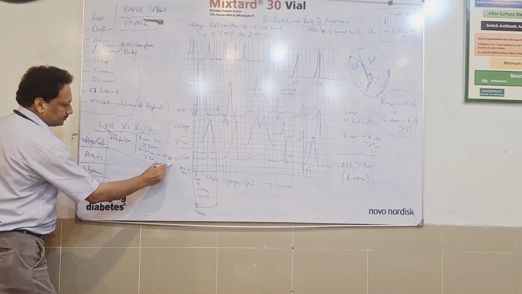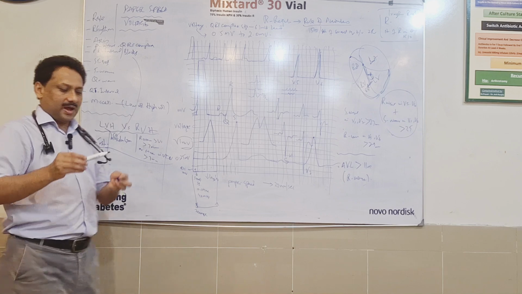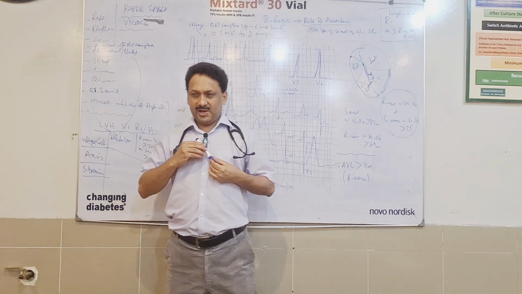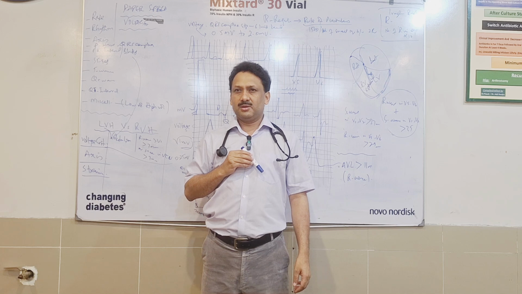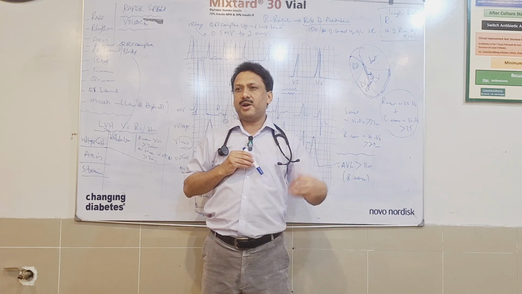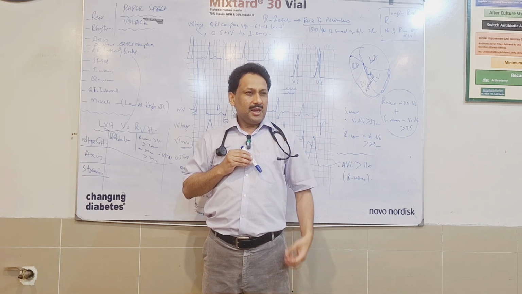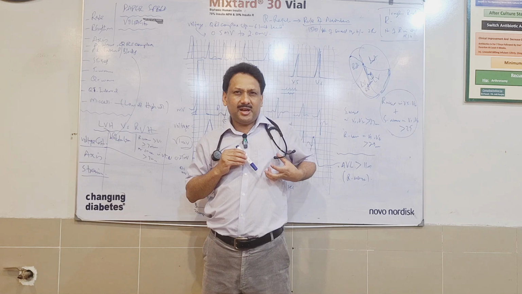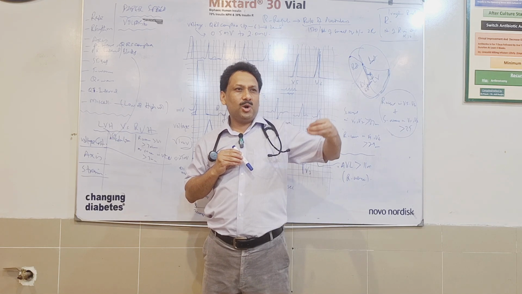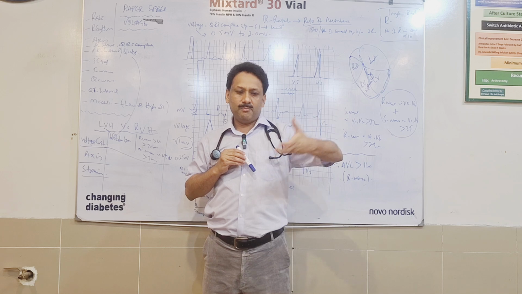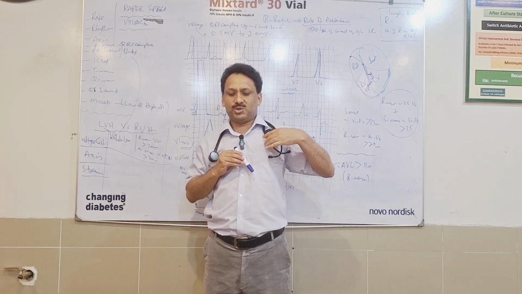Axis. I already told you this is the normal QRS complex. This is the normal cardiac axis direction. As I guided you earlier, if a person is having thickening of the left ventricle, what will happen? The thicker the ventricle is, the more it will pull the axis towards its side.